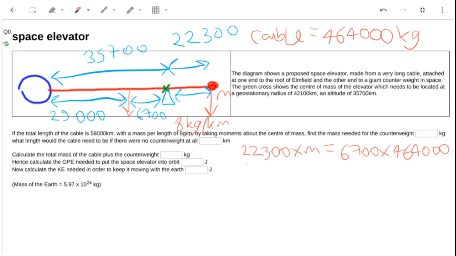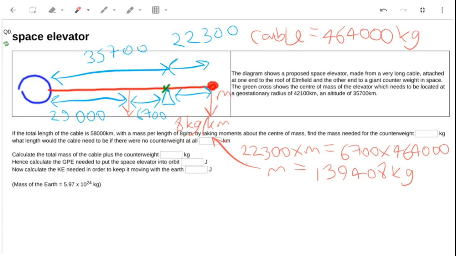That will give me the mass of the counterweight, which is that answer there. Just plugging that into my calculator. And that gives me 139,408 kilograms. That's the mass of the counterweight.